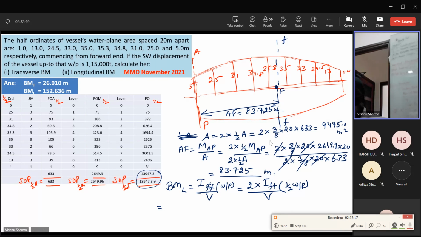And is aft perpendicular parallel to FF? Yes. So by theorem of parallel axis, I can bring the moment of inertia to FF. I'm warning you, cautioning you. Now tell me, how do I write it in terms of the theorem of parallel axis between FF and AP? Tell me, what can I write?